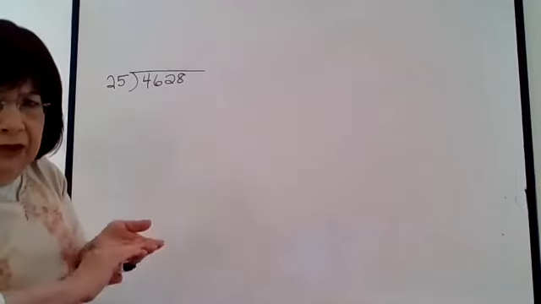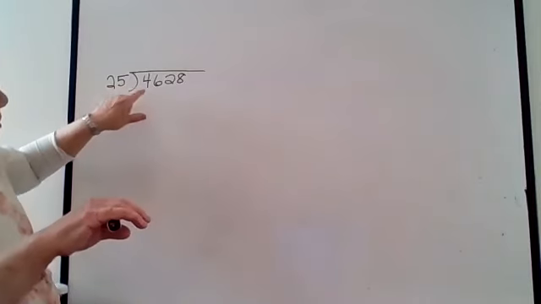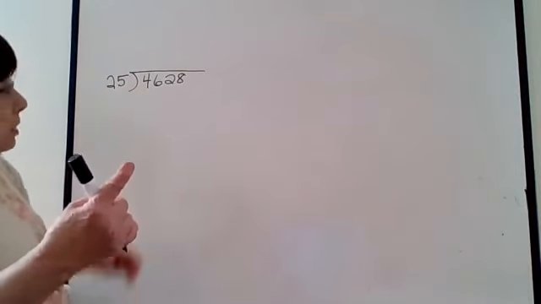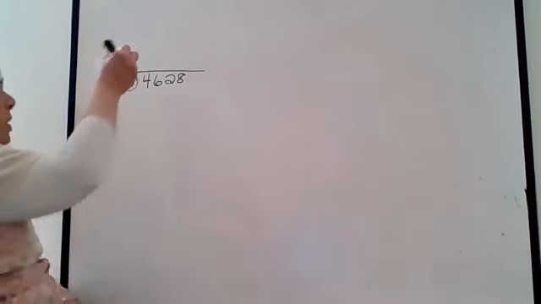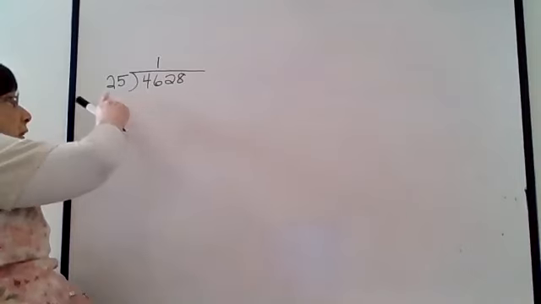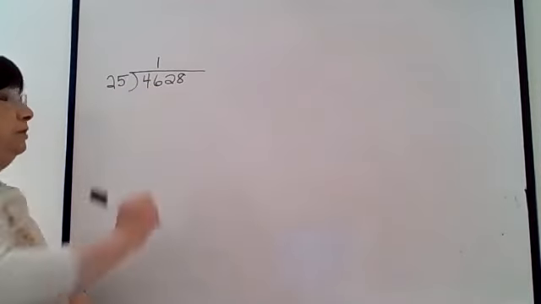Let's use just 3 instead of 2. Let's divide the 3 into the 4. Now the 3 into the 4 goes once, so 25 actually into 46 goes once, and you put a 1 on top. Notice we put the 1 over the 6 because this is 2 digits, I have to put it over the second digit.